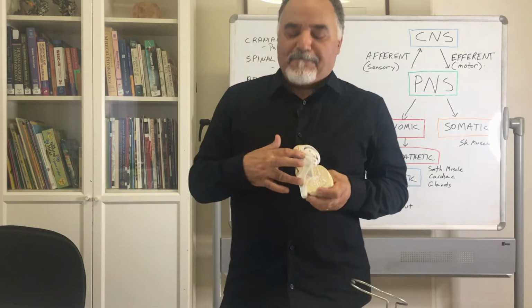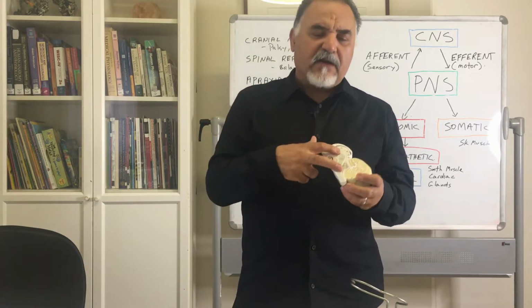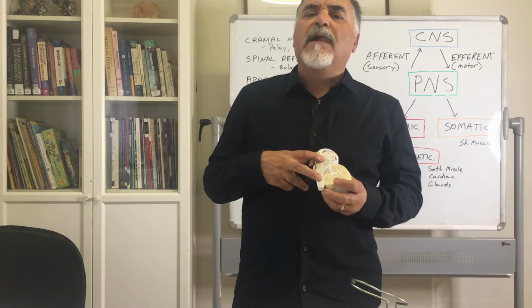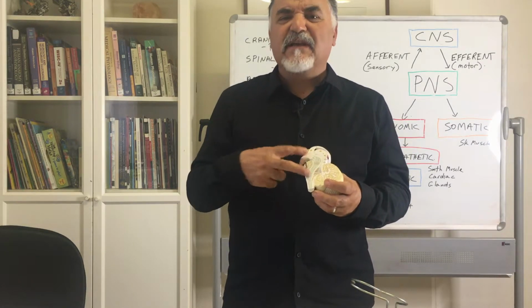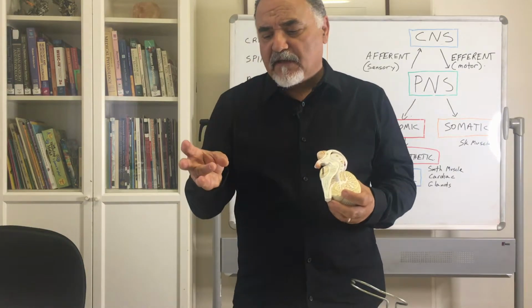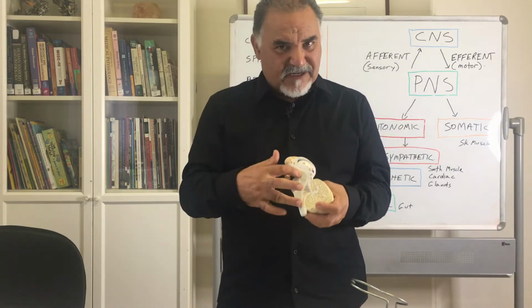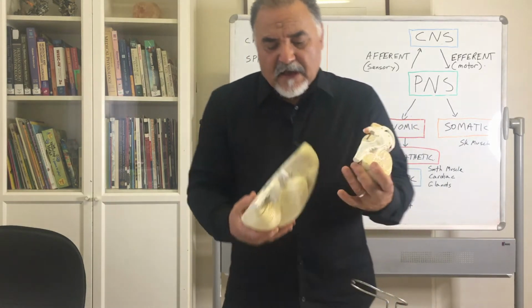So that is the brainstem, and it controls level of consciousness, and it controls most of your basic functions, such as heart rate and breathing. So unless you've got damage to this region, your heart rate's still going to continue, your breathing's going to continue.